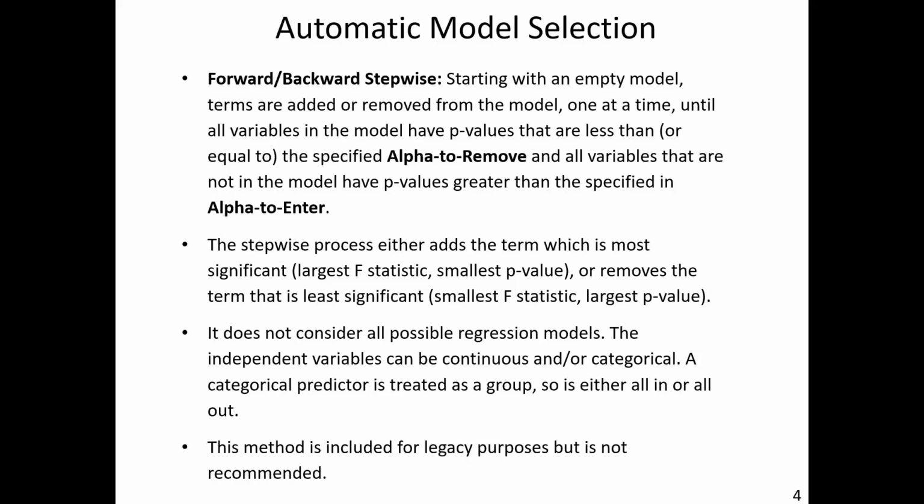Just a note on forward, backward, stepwise, this is really included for legacy purposes. It's not really recommended. There are problems with using p-values. As I mentioned in the introduction, you can build good models, but not necessarily best. There are issues of p-values that are possibly due to just type 1 error.